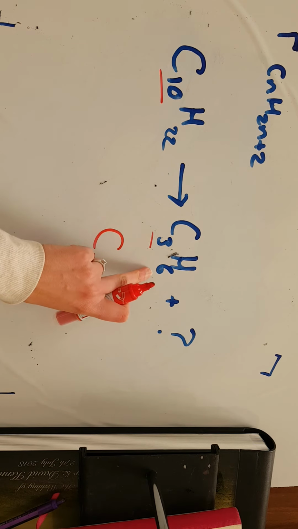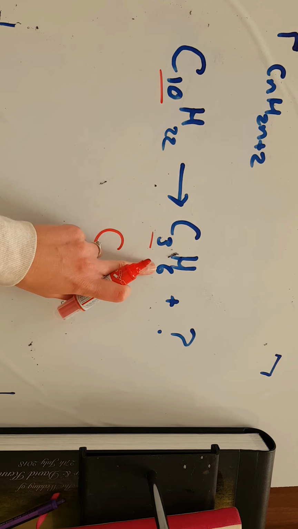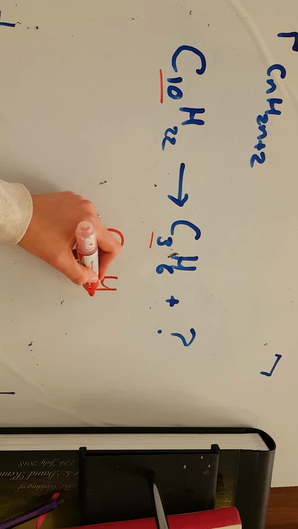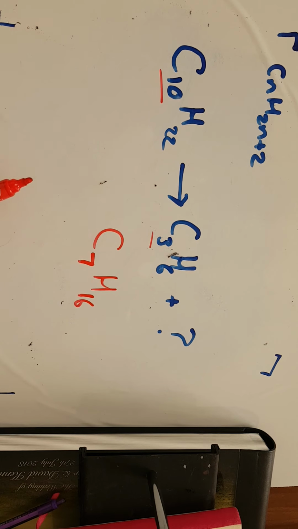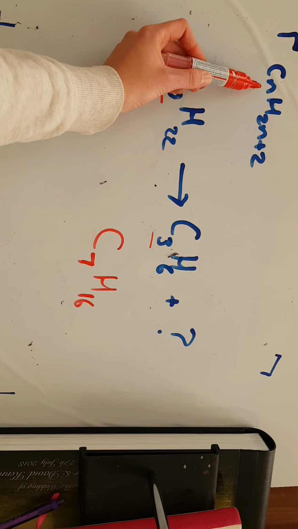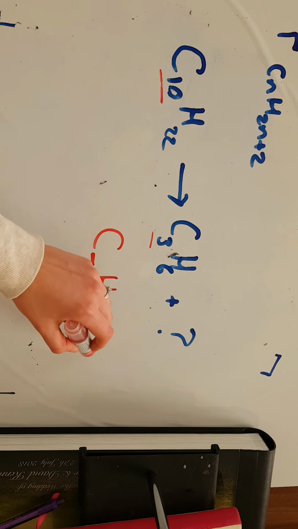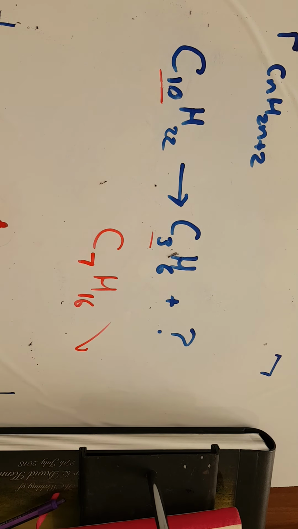And likewise over here, started off with 22, you've now got 6, so therefore you must have 16 hydrogens left. And what I would do in this case is I'd just check that this matched your molecular formula. So if this was 7, 2 times 7 is 14, plus the 2 is 16, so yes, you can be confident that you've done that correctly.